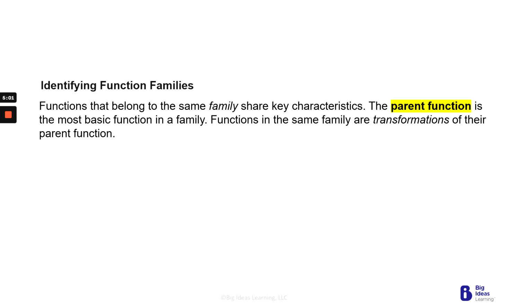So what you just identified is where all of our graphs start from, okay? We all come from parents. Everybody has parents. That's where you come from. So the parents were the OG, and then you are the transformation of your parents. Does that make sense? Okay. So the parent function is where we start, and then transformation is how we move or alter the graph coming afterwards.